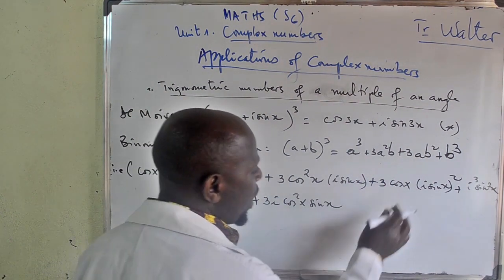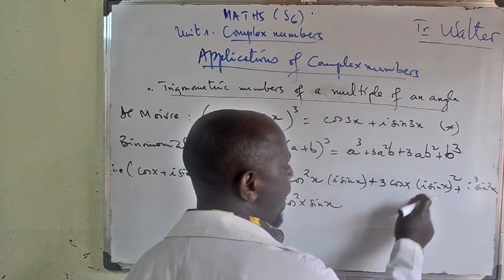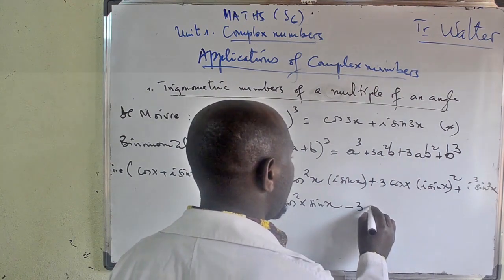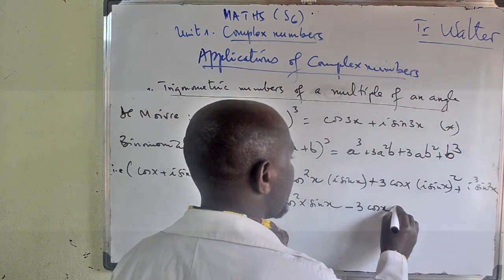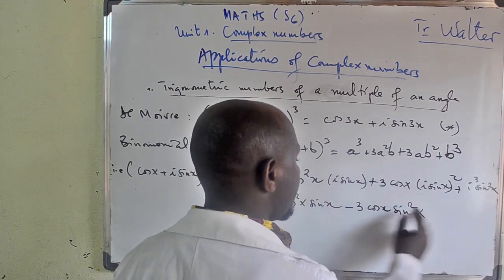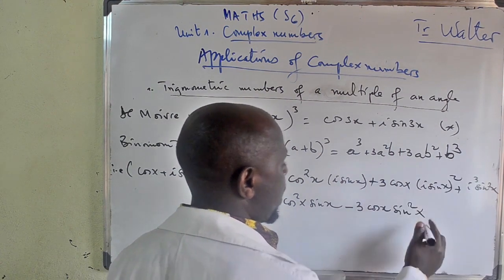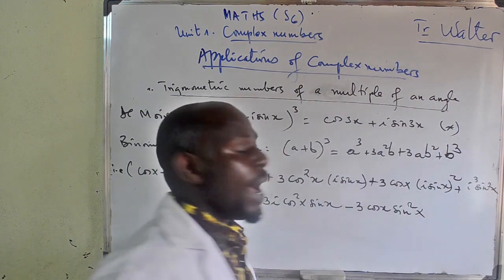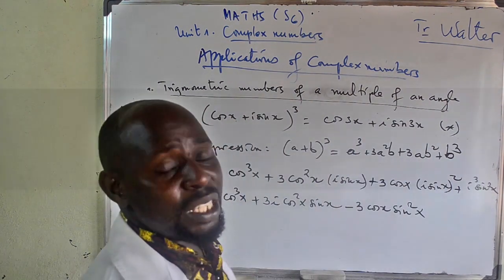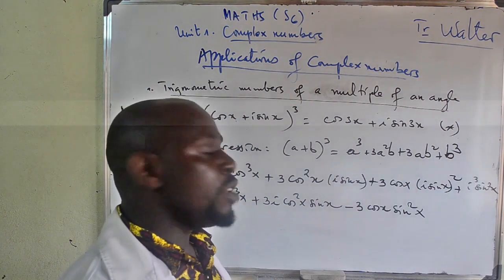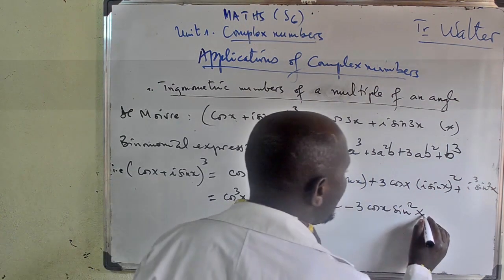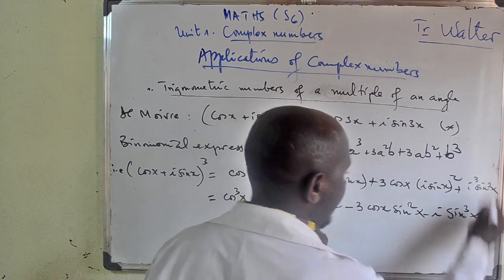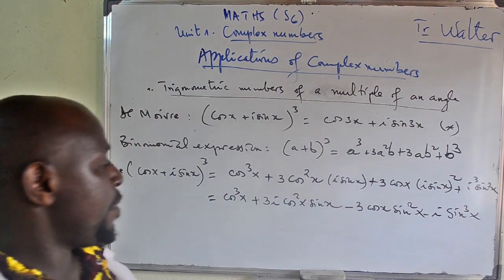And then remember this will produce an i squared, which will be negative 1, which is now negative 3 cos x sine squared x. This negative is from i squared. Then we have here i cubed. Remember, because it is i squared times i, this will be negative i. And we shall have negative i sine cubed x. Very nice. Everyone can see this.